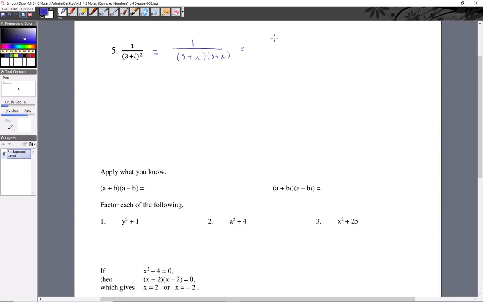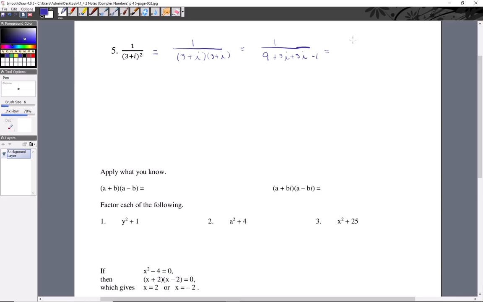And that'll be 1 over, let's see, 3 times 3 is 9. And you can't just do the first and the last because you don't have a plus and a minus. You have both pluses. So 9 plus 3i plus 3i plus i squared. Well, plus i squared is just going to be minus 1.